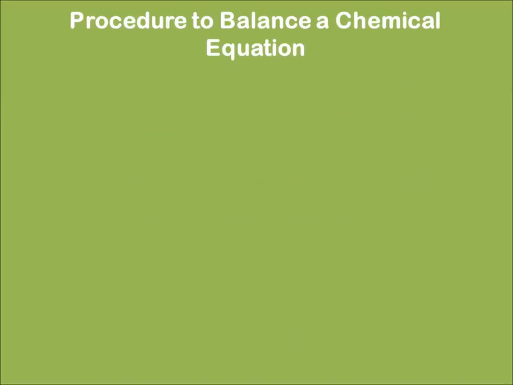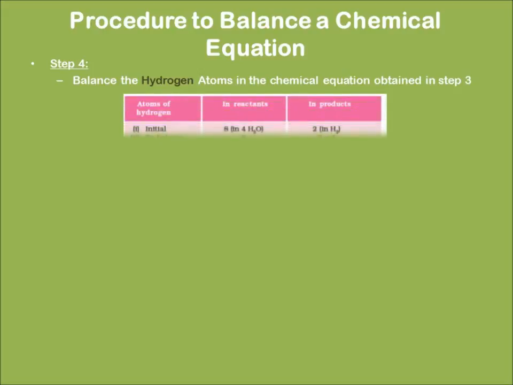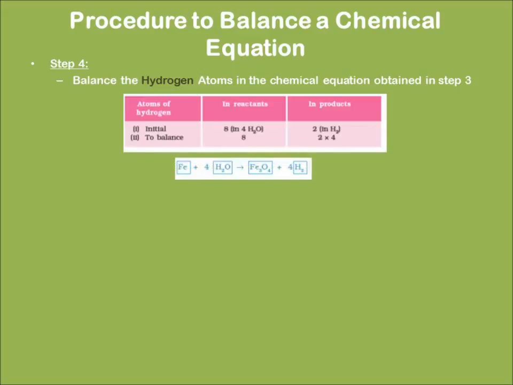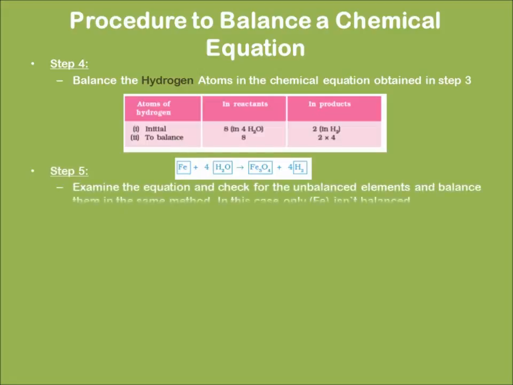Now, coming to step number 4. In this step, I have to balance the atoms of hydrogen in the same procedure. Consider the given table. I have 8 atoms of hydrogen on my right and 2 on my left. So I multiply it by 4. Step number 5. In a similar way, balance the other atoms excluding hydrogen and oxygen.